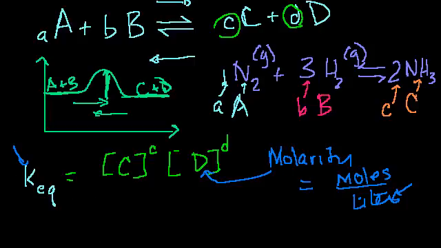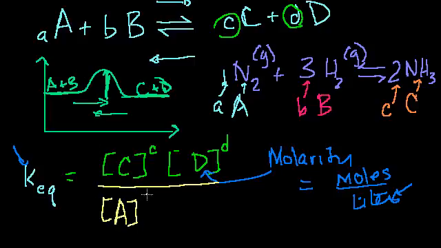It's defined as the concentrations of the products to the powers, and maybe in the next video, if I have time, I'll explain the intuition for why you raise it to the power, divided by the concentrations of the reactants, or the things on the left-hand side of the equilibrium reaction.